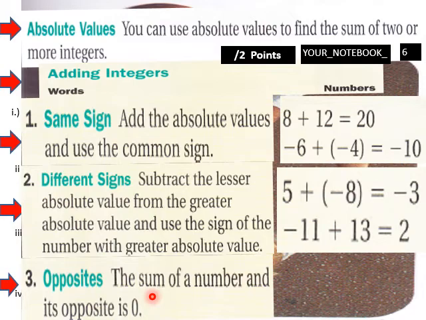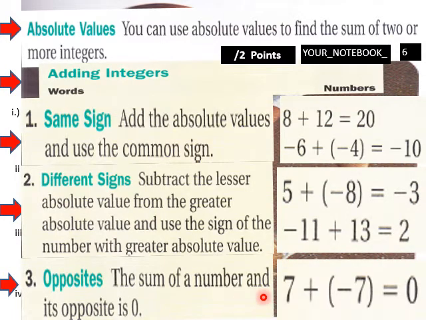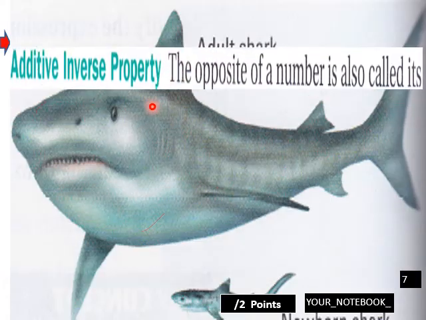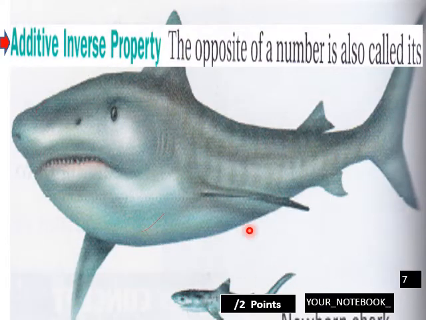And then 3 opposites. The sum of a number and its opposite is 0. So 7 plus a negative 7 would be 0. Okay, so moving along here into our notebook, page 7, additive inverse property.